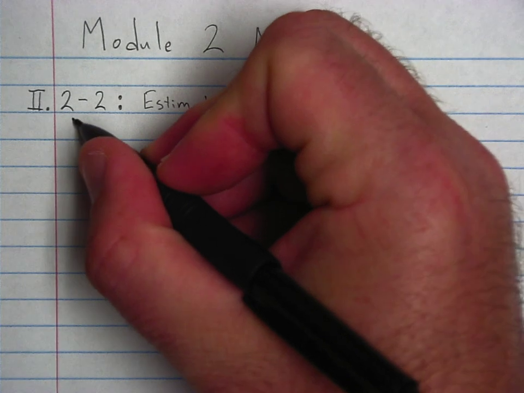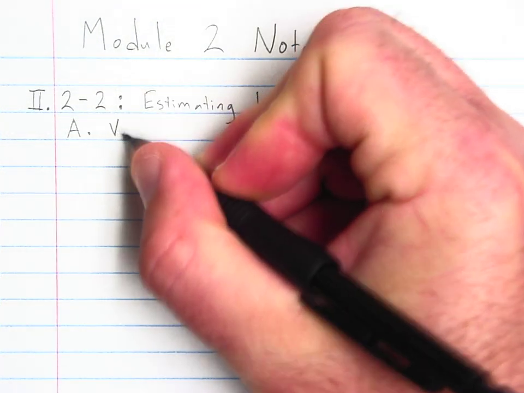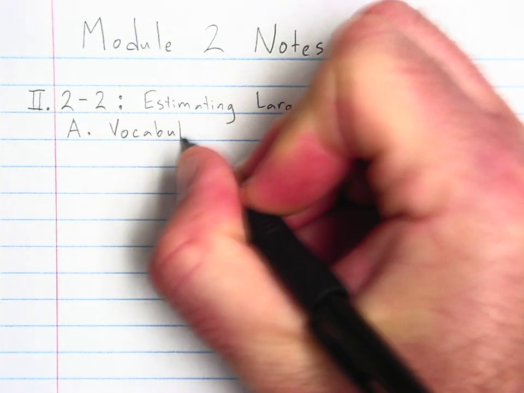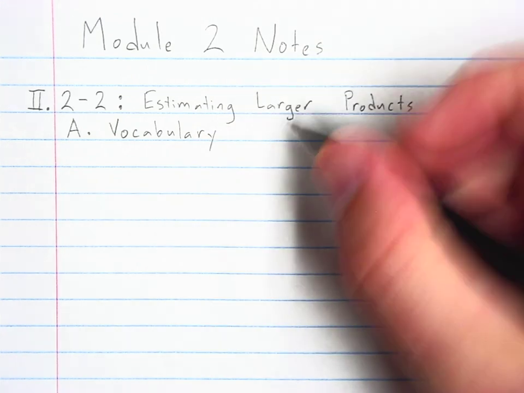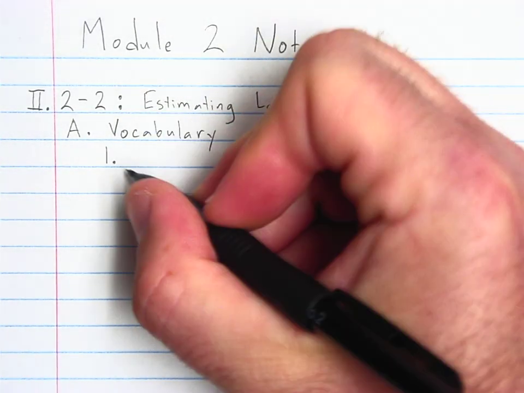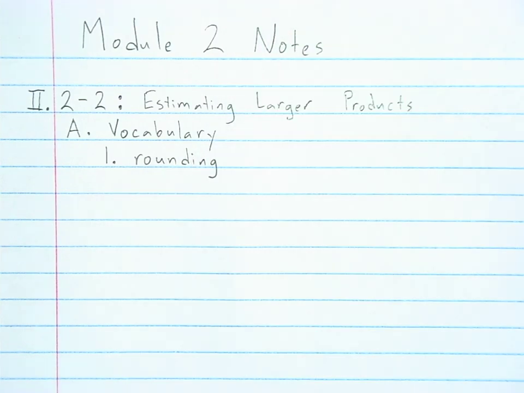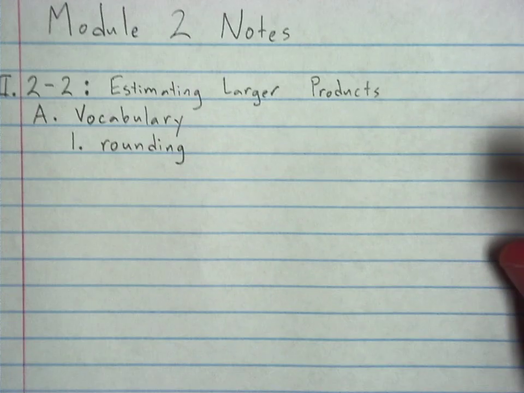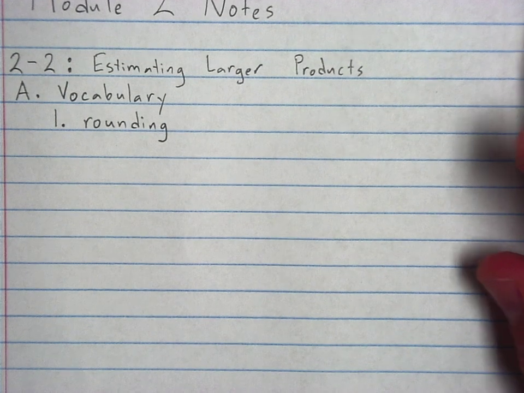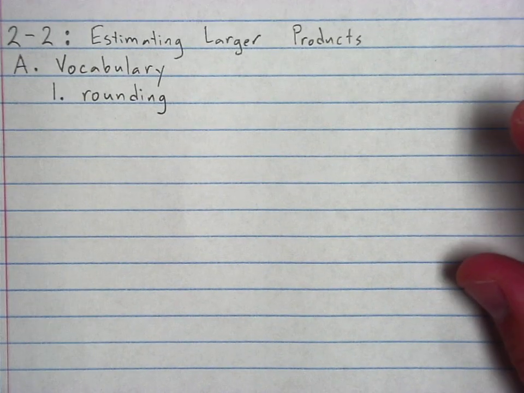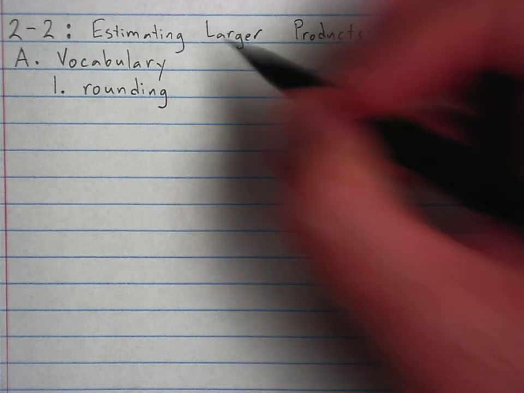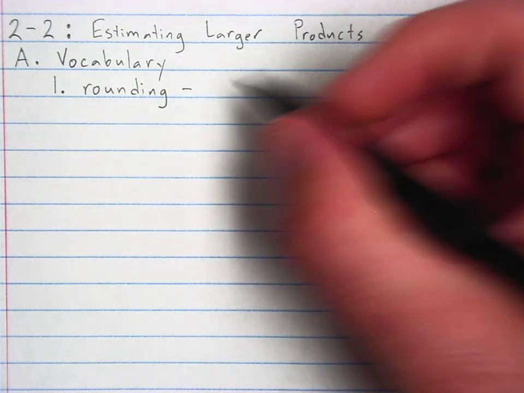Okay, some vocabulary today. Again, probably some familiar vocabulary. We're going to start by once again thinking about the difference between rounding and estimating. Because you will hear me say both, I'm going to try very hard not to switch them around, even though sometimes I do.